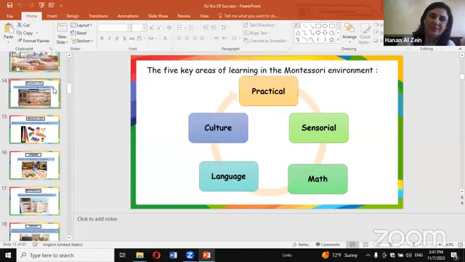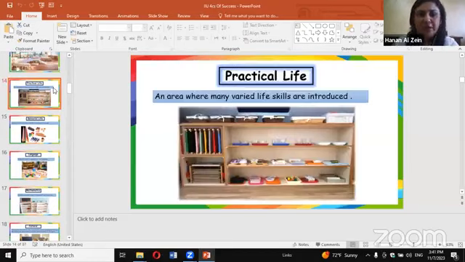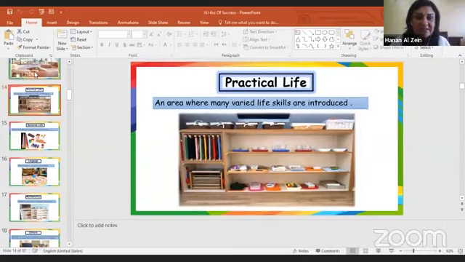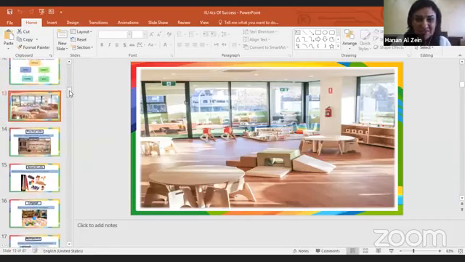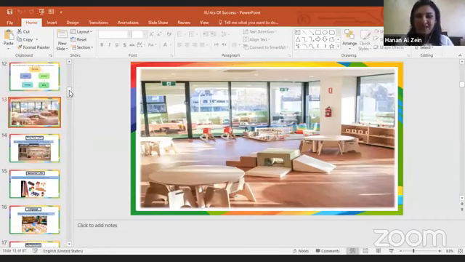Okay, let's see how these ideas are covered. Please look at the slides. I'm going to share with you these kinds of classes where you see that this is a Montessori class, as you see, the prepared environment, the materials here, that everything is well organized.